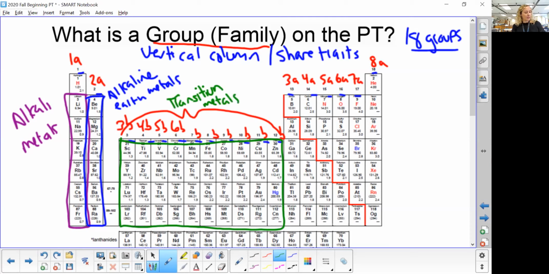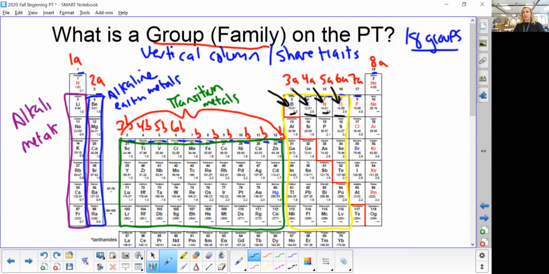And then this area right here, 3A through 6A, or groups 13 through 16, just get called by what the top element is. So this is like the boron family, the carbon family, the nitrogen family, the oxygen family.